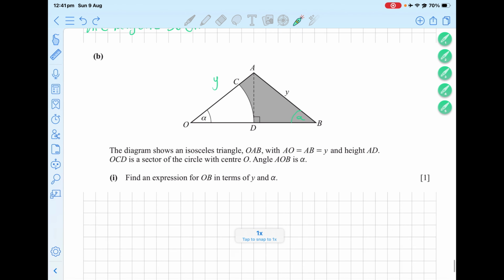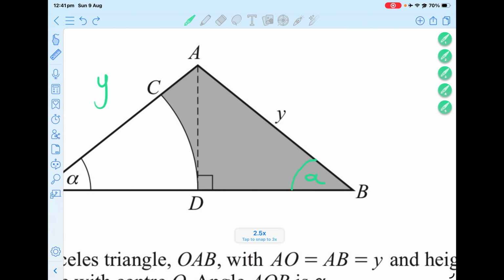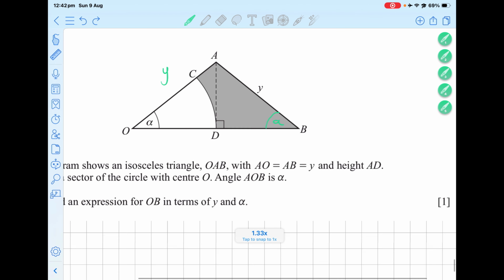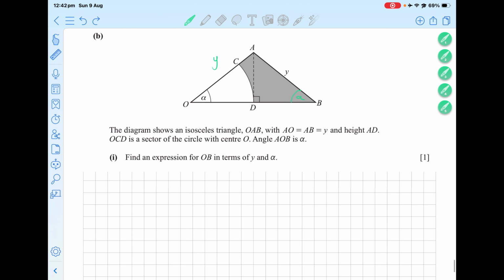So OCD is the sector, and since you can observe there's a right angle triangle sitting right over here, according to this, cos alpha is the base over the hypotenuse.